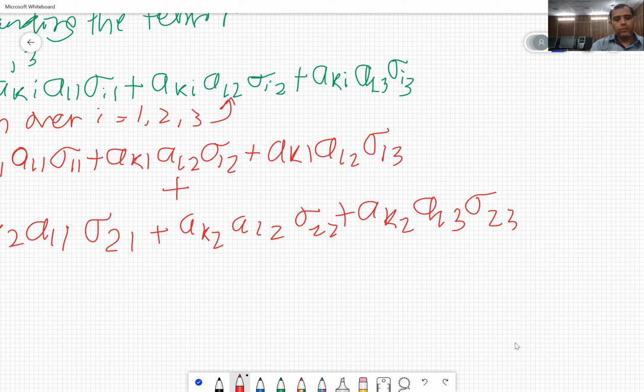Okay. Similarly, you can write this equation also in the same manner.